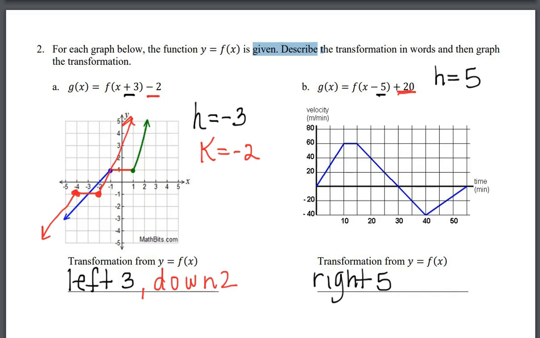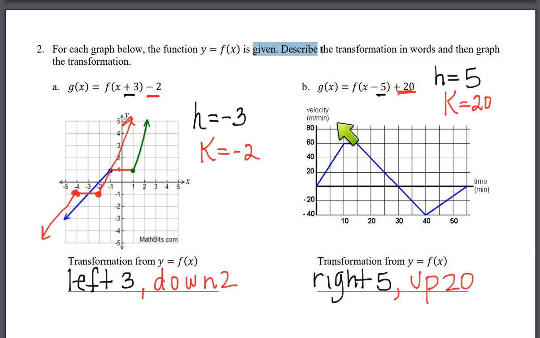And because k is 20, positive 20, we are moving up 20. Now we need to be careful when we look at this one because the graph is scaled differently. If we look here, notice that our x-axis is counting by 5s and our y value is counting by 20. So when I'm moving something to the right 5, it's only one square. And when I go up 20, that's also one square.